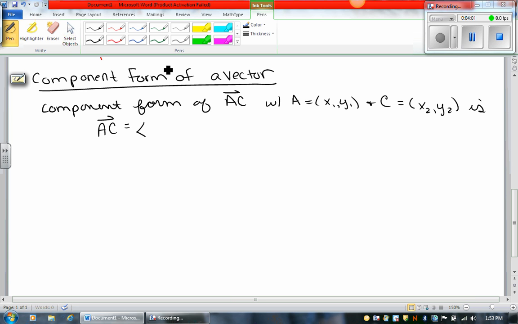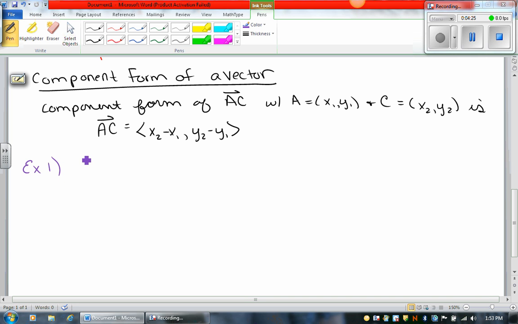So this is how we put this into component form: x2 minus x1, y2 minus y1. Okay, so essentially you're finding the change in the x-coordinates and the change in the y-coordinates, and that gives you component form. All right, so let's try this first example.